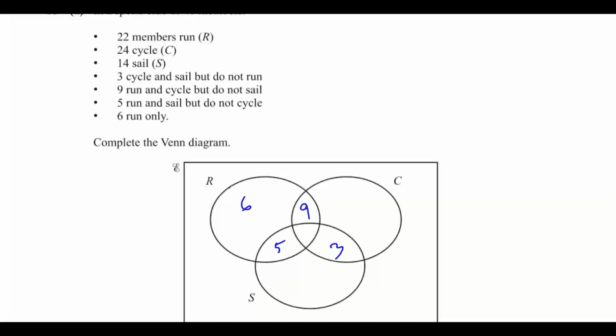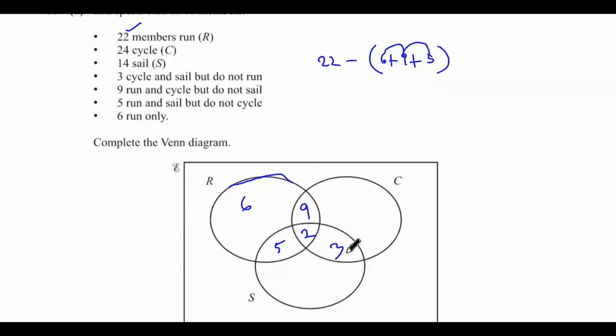Of course, the whole of circle R should add up to 22 as given here. So we can get the missing one here. That will be 22 subtract the addition of 6, 9 and 5. 6 and 9 is 15, 15 add 5 is 20. So this place is 2. The total for C should be 24.